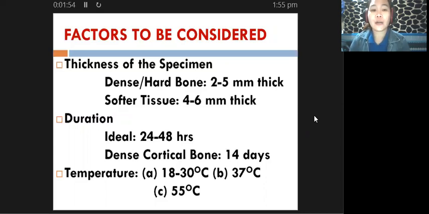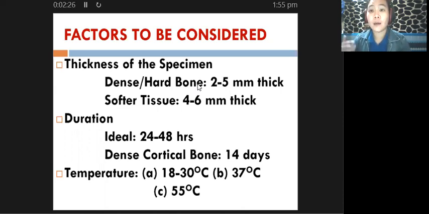For dense or hard bone specimens, they have to be 2 to 5 millimeters thick. Take note that we don't want to prolong the process of decalcification. Why? Because acid decalcifying agents are particularly injurious to our tissue sample.